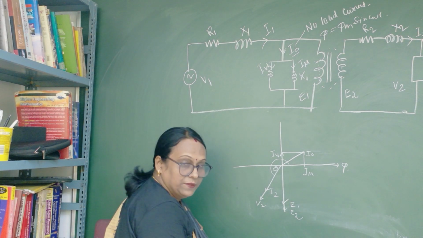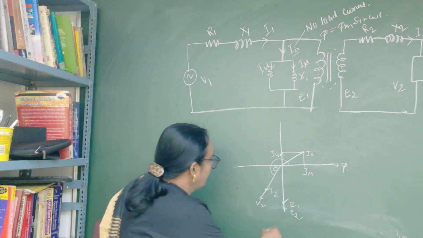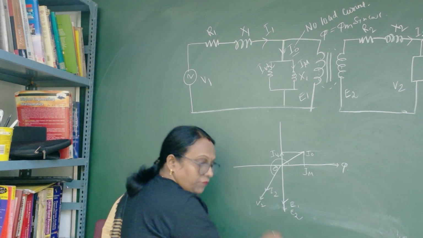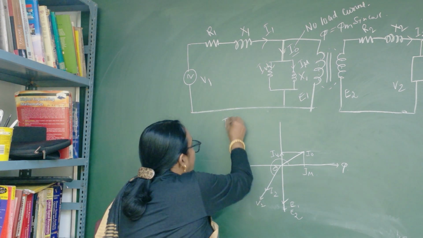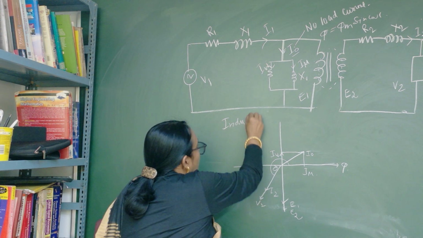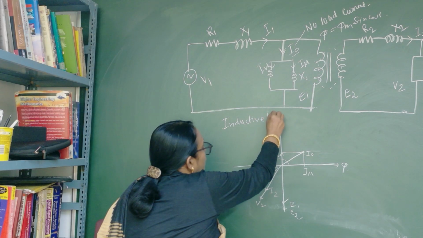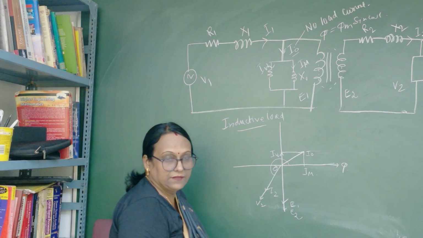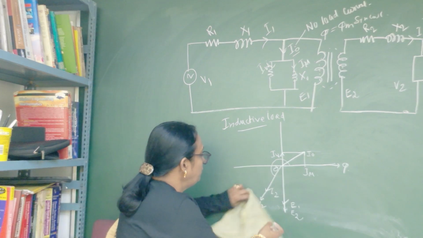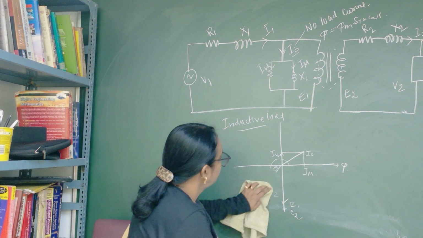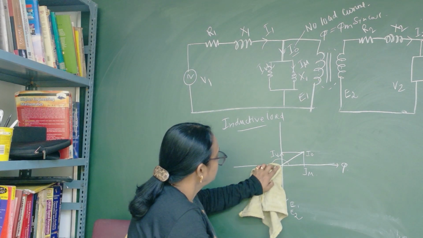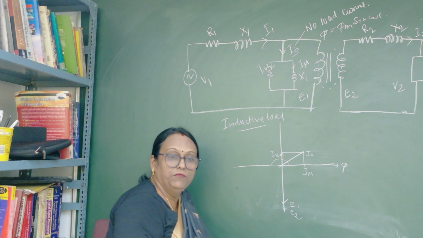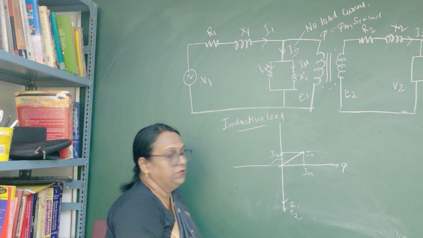But if I draw for an inductive load, generally all loads are inductive, so what to do? In an inductive load, V2 leads I2.